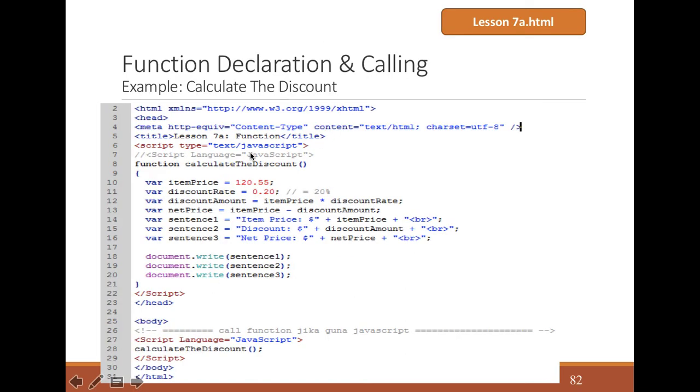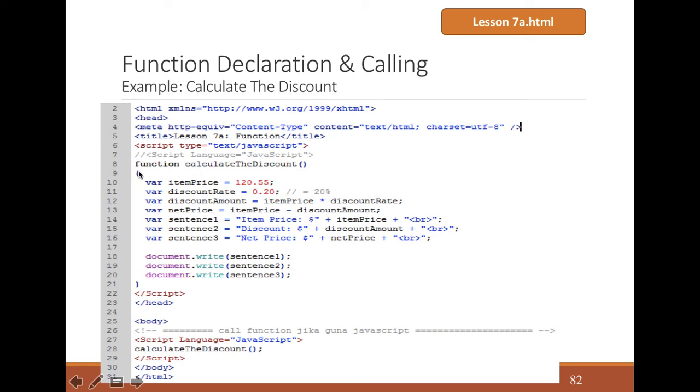So this is an example for function declaration and calling. If you look here, calculate the discount. The name of this function is calculateDiscount. Normally we close the name of the function with parentheses, you see these parentheses.